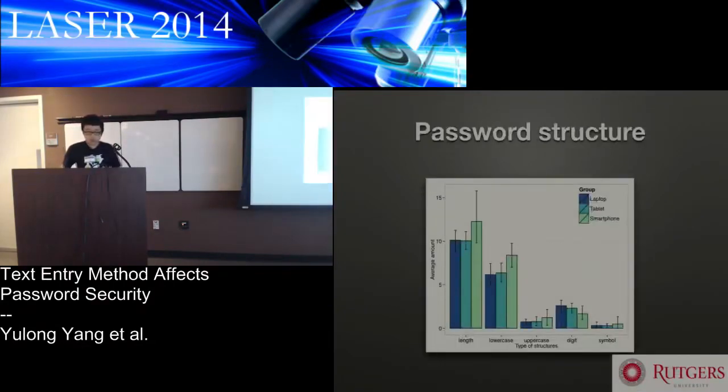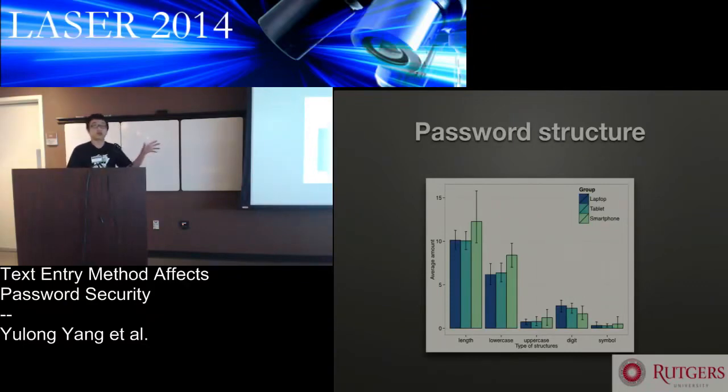Okay, so next. The first graph I want to show is the metrics we used in password structures. You can see on the graph we have 5 of them: the password length, and the number of lowercase letters, uppercase letters, digits and symbols in every single password.